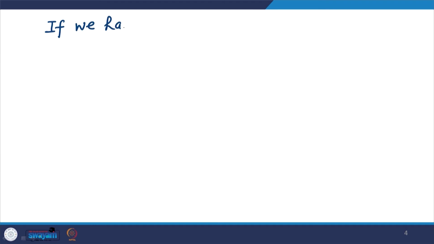Further, if we have a subspace of R3, then what are the possibilities?